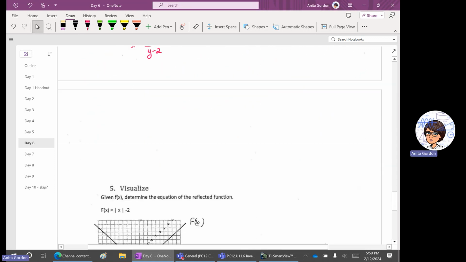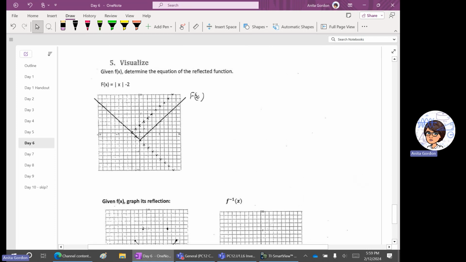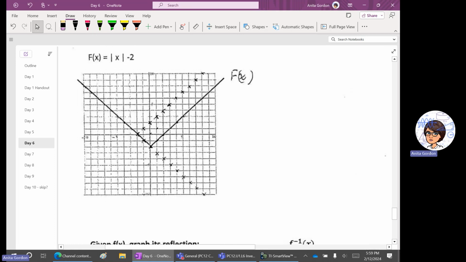All right, and in our last page here, it just gives you two examples to look over, visualizing what we're doing. So the original graph is given here by the solid line, right? I'm going to draw in the y equals x line in green.